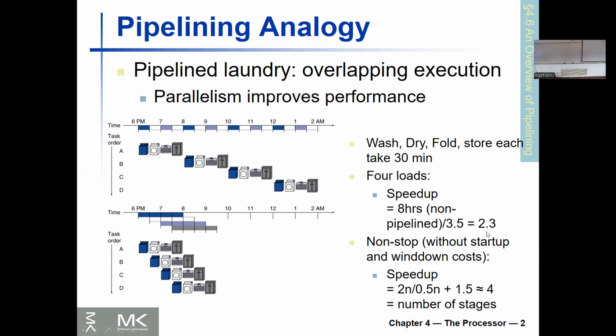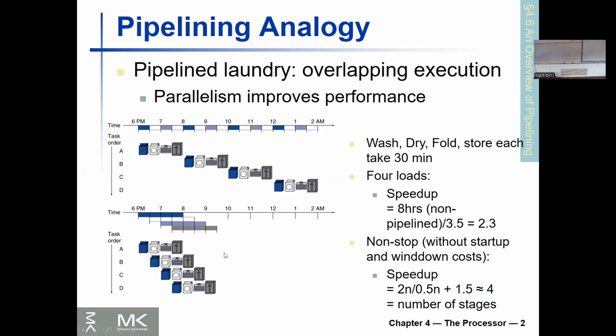So it's 3.5 hours versus 8 hours of the first one. 8 divided by 3.5 is 2.3. That means that I'm 2 times faster, or even more, 2.3 times faster. If it would have been 4 hours, then it would have been twice as fast. But it's even better. It's only 3.5, so it's 2.3 times faster.